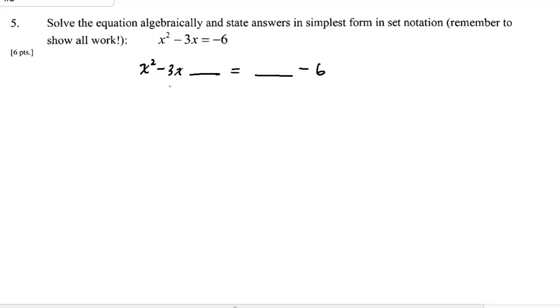So the answer to that is, what you need to add is always the square of half the middle term, which is this right here.